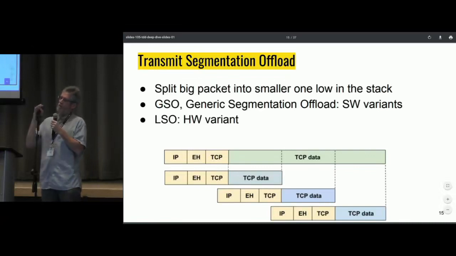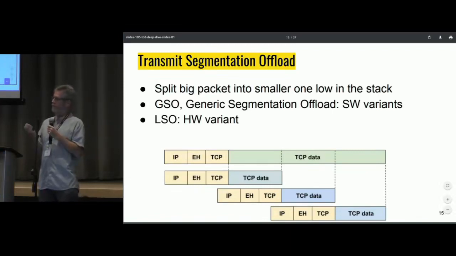The stack processes the big packet, one IP header, one TCP header, and at the lowest point possible, either in software or even in the network device, there's a type of segmentation or fragmentation. We slice up the data, give each packet its own IP header and TCP header, and send each one.